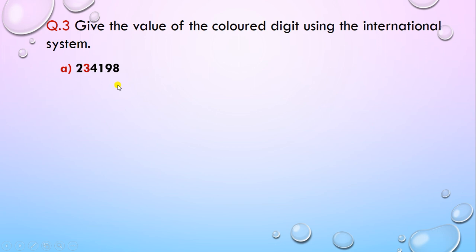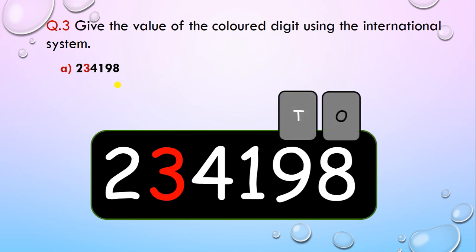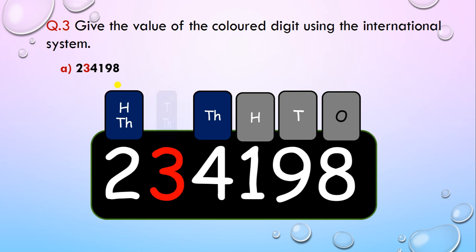So let's write the places. 8 comes at ones place, 9 at tens place, 1 at hundreds place, 4 at thousands place, 3 at 10,000s place, and 2 at 100,000s place. So here we have to find the place value of 3. The colored digit is 3 and 3 is at the 10,000s place. So the place value of 3 is 30,000.